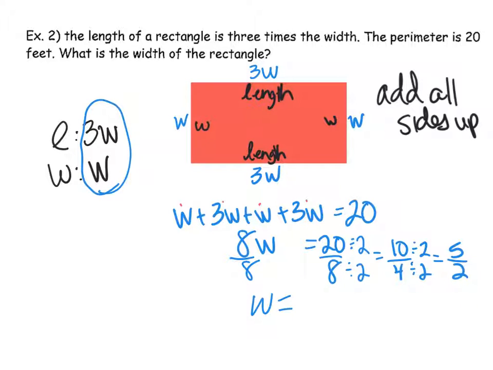5 halves is the same as what mixed number? 5 over 2. How many times does 2 go into 5? Twice. With how many left over? 1. 2 and 1/2. So plugging this back in, because it says, what is the width of the rectangle? The width, it didn't even ask for the length.